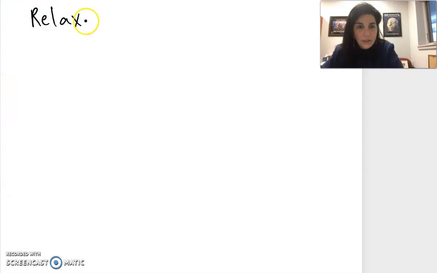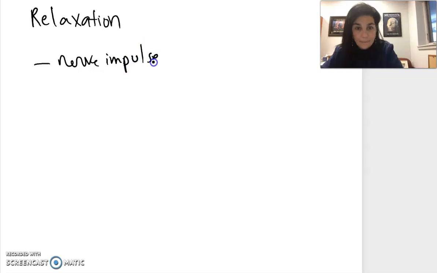Okay, so relaxation. How does the muscle relax? The muscle relaxes in several ways. First, we can have the nerve impulse stop. Nerve impulse stops, which means there is no more action potential.